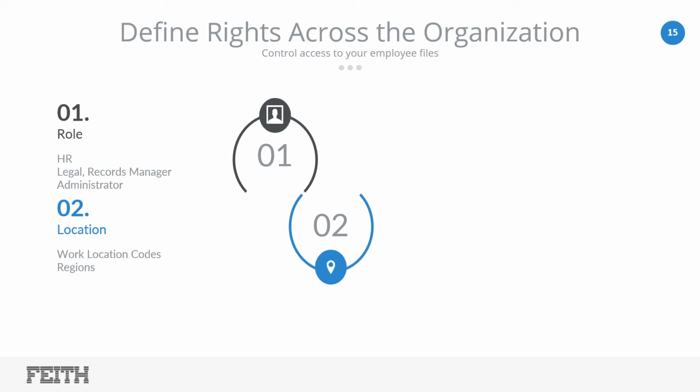In other words, the data we apply to the document says this employee is at this location, in this region or this country. And then the HR professional accessing these documents also has a country or a region applied to their username. By matching those two attributes up, we're able to give dynamic access to the documents.